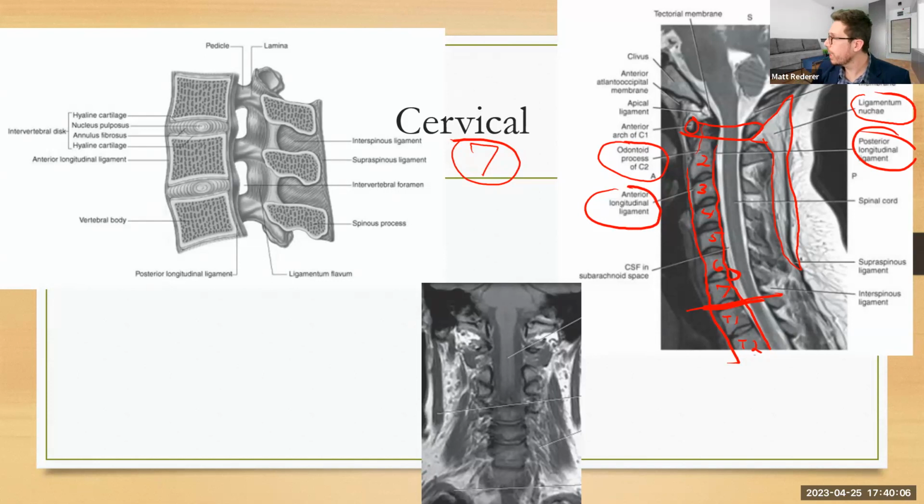And then finally, we have this supraspinous ligament. The supraspinous ligament connects the tips of the spinous processes. Every one of them has its own, but it connects the tip to its origin.